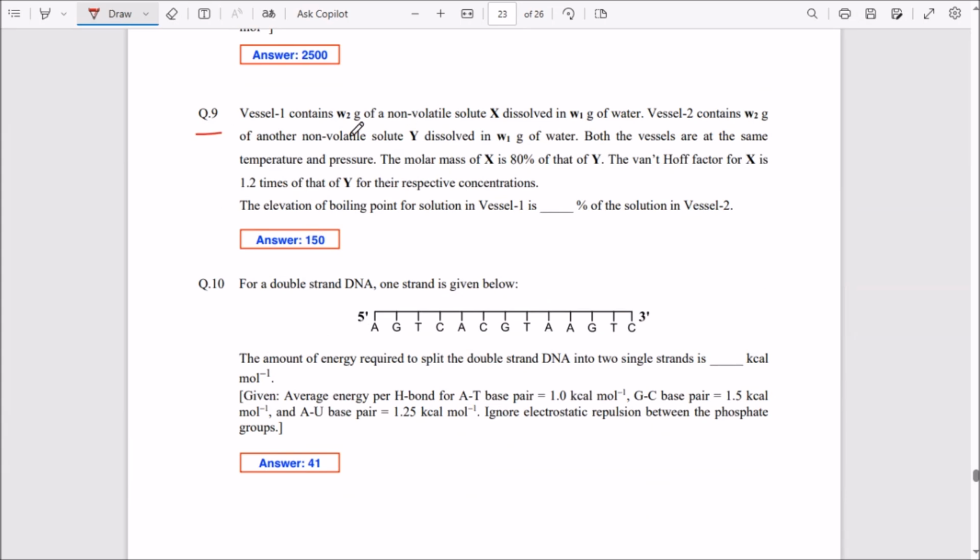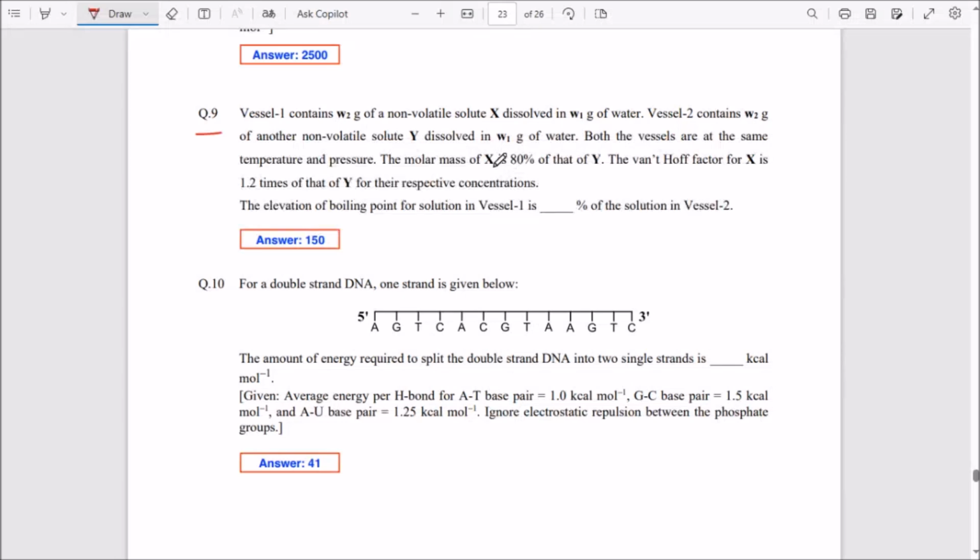Next, question number 9. Vessel 1 contains W2 grams of a non-volatile solute X dissolved in W1 grams of water. Vessel 2 contains W2 grams of another non-volatile solute Y dissolved in W1 grams of water. Both the vessels are at the same temperature and pressure.